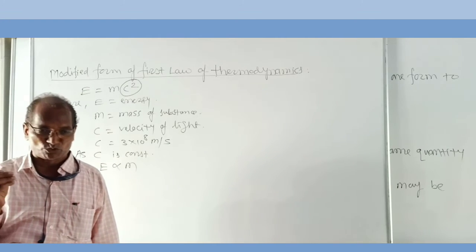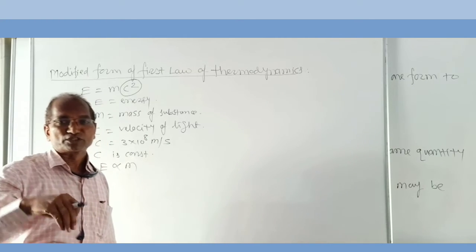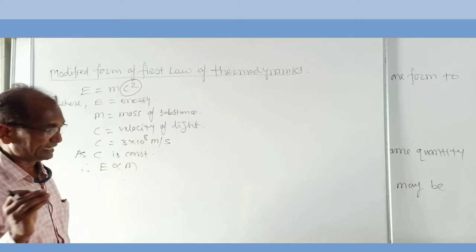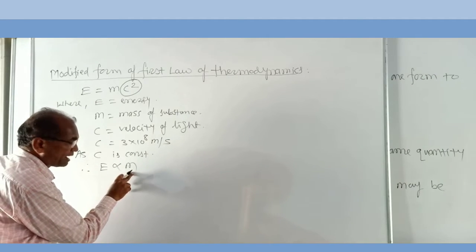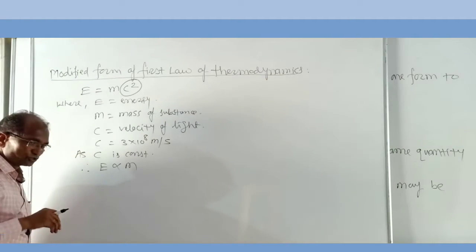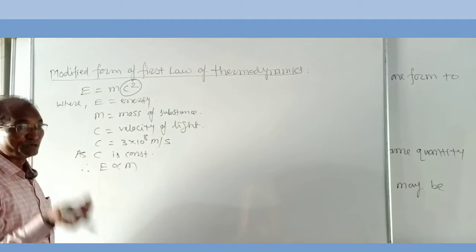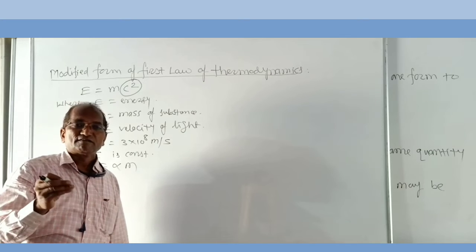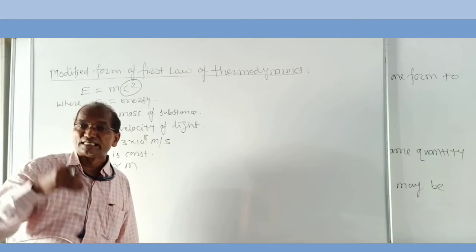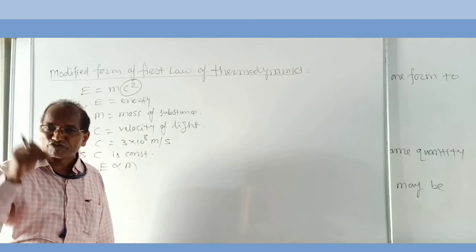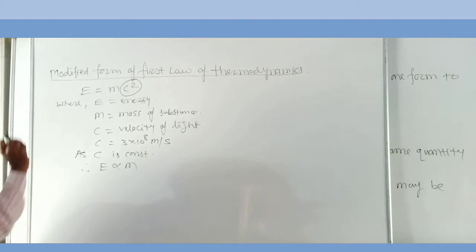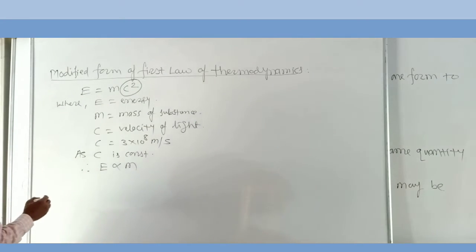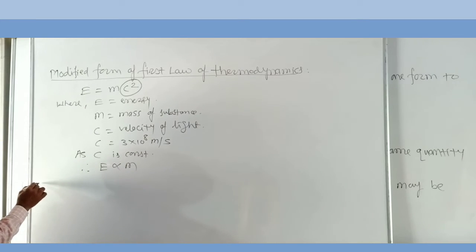Therefore, E is directly proportional to the mass. Mass consumed, energy evolved. Therefore, here we have to consider mass with total energy. That is the statement of the modified form of the first law of thermodynamics.